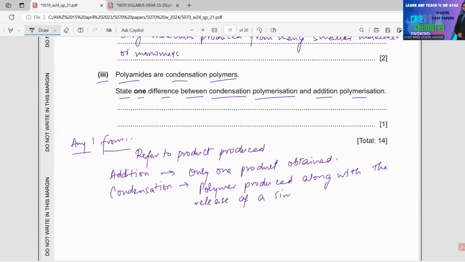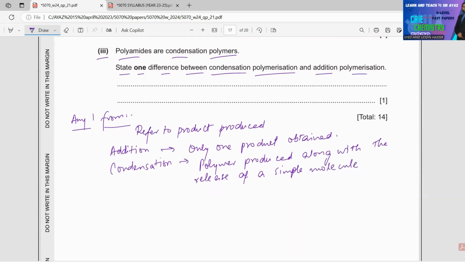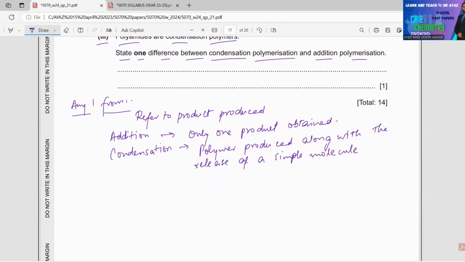If you want, you can even mention the name of this simple molecule. It can be either water or hydrogen chloride. You only have these two. Or you can refer to the empirical formula.